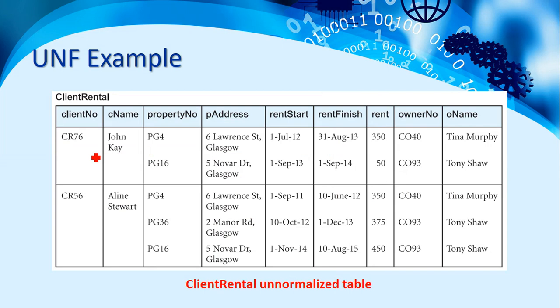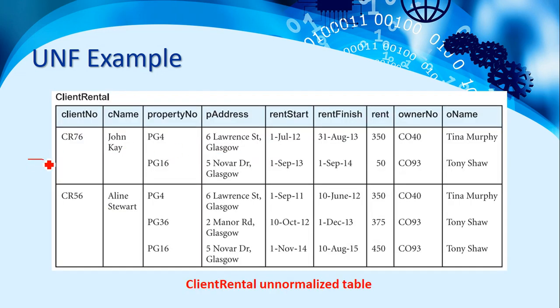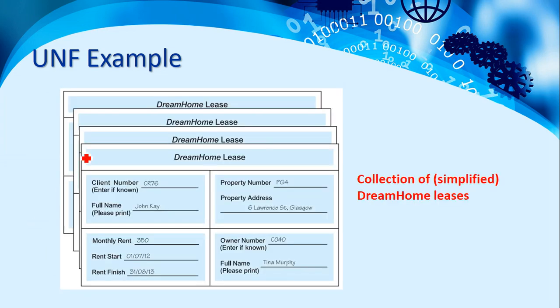Right? So this first row, John K, CR76, is the first form that you saw. This is the first row. Then this CR56 is for the second.